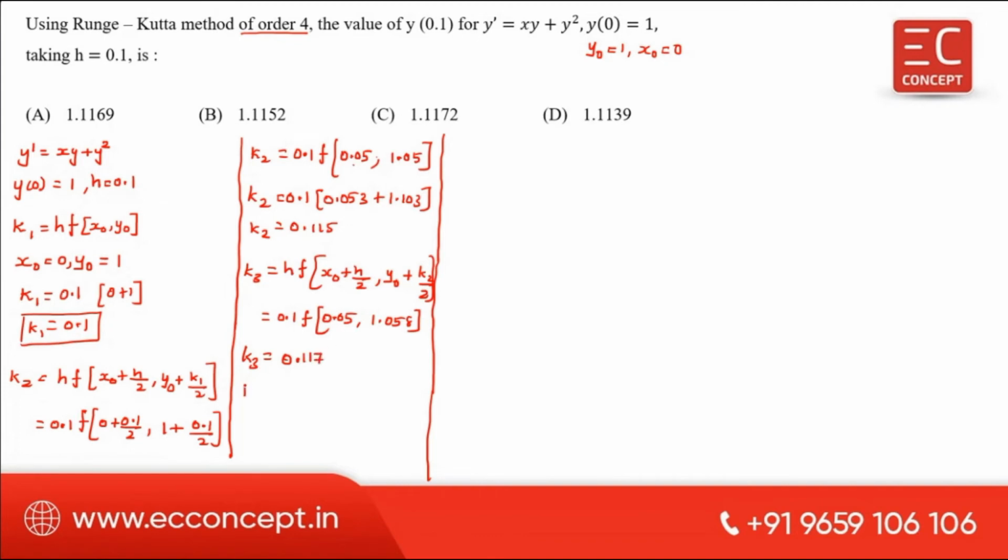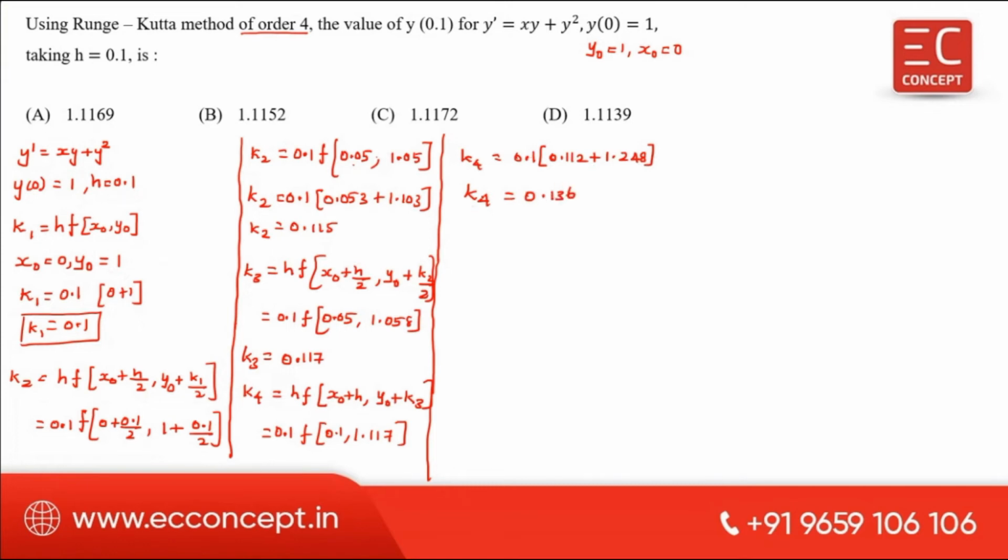Similarly k4 is equal to h into f of x naught plus h comma y naught plus k3. If you simplify this, it is 0.1 into the function 0.1 comma 1.117. Therefore k4 is equal to 0.1 into 0.112 plus 1.248. So finally k4 you are getting 0.136.